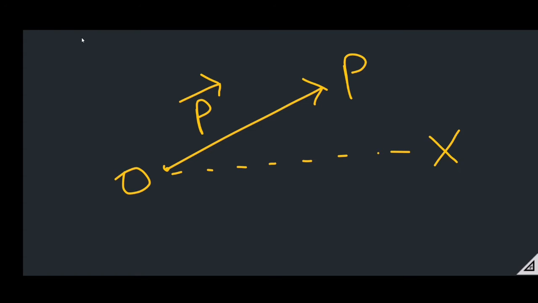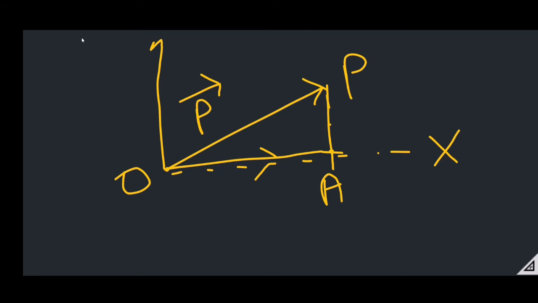Along the x-axis it can have one component. Let's say this is point A, and OA is the horizontal component.